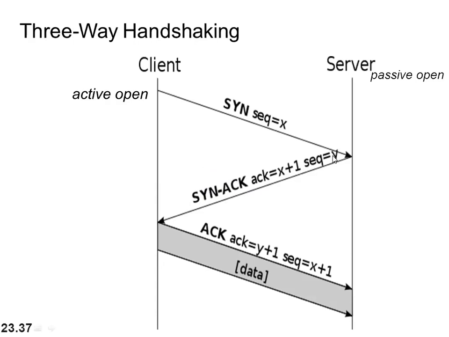So here the server will be sending its own synchronization packet, which is going to contain a sequence number, so that also needs to be uniquely identified by the client. This synchronization packet is going to have a sequence number, and the server is going to send the acknowledgement to the previous synchronization packet.